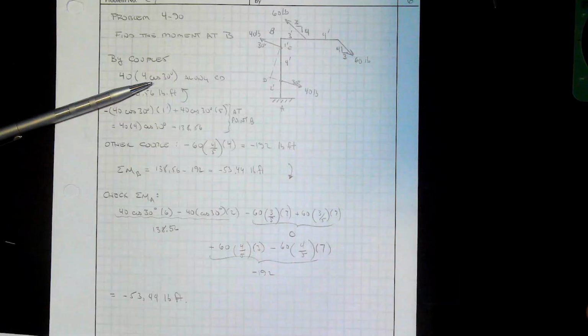So 4 times 4 cosine 30, that perpendicular distance, is this couple torque. Looking at it, yep, it's going counterclockwise, 138.56. So no matter where you go along this thing, this whole rigid body wants to turn the same way.